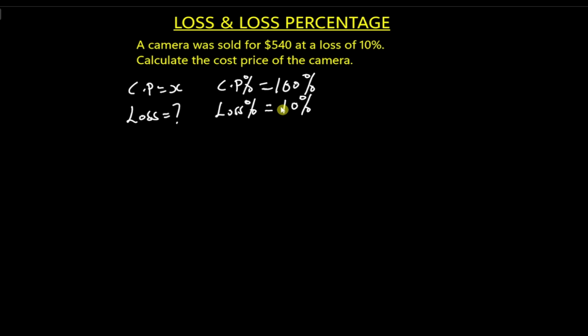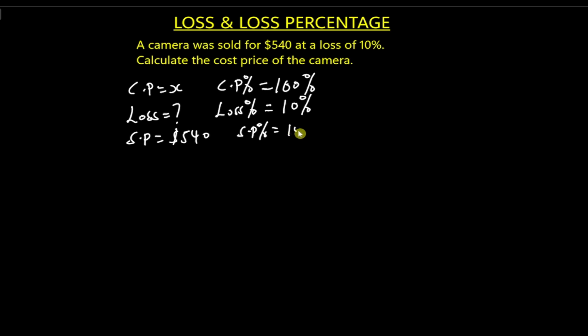As I said, loss is about subtraction, whilst profit is about addition. Now the selling price. The selling price over here is $540, and the selling price percent. The selling price percent is found by just subtracting the loss percent from the cost price percent.